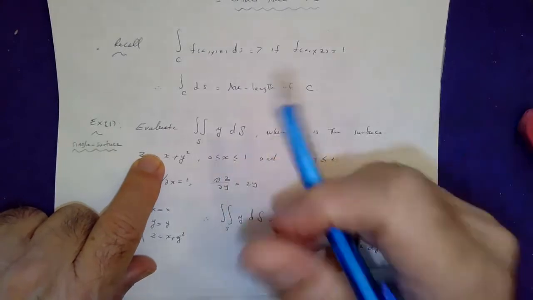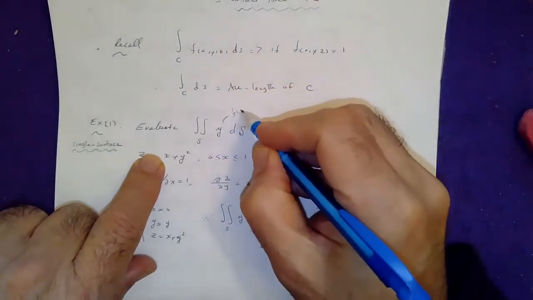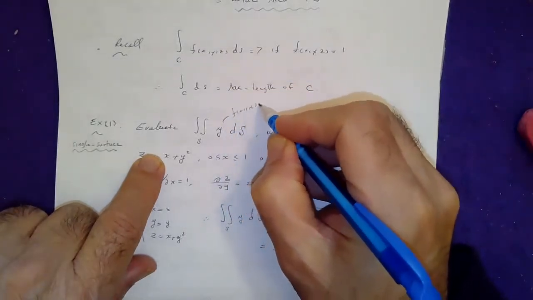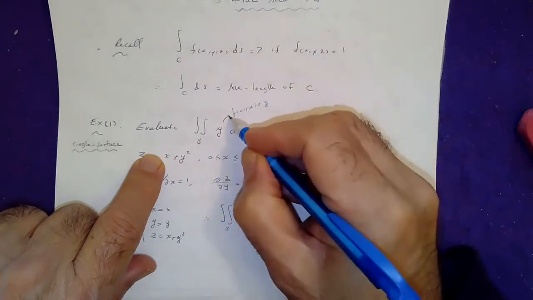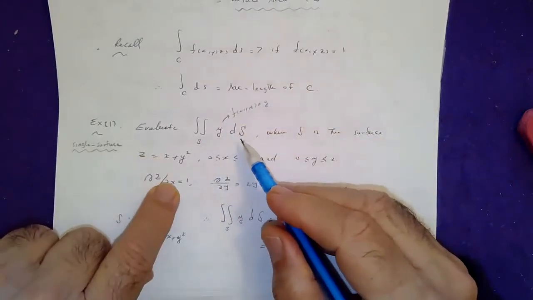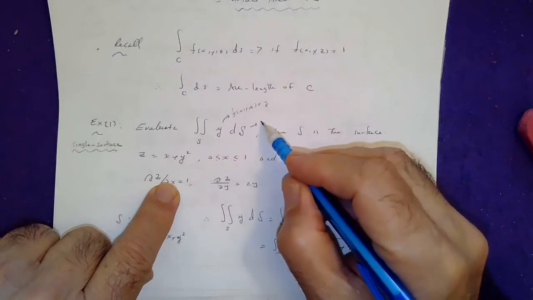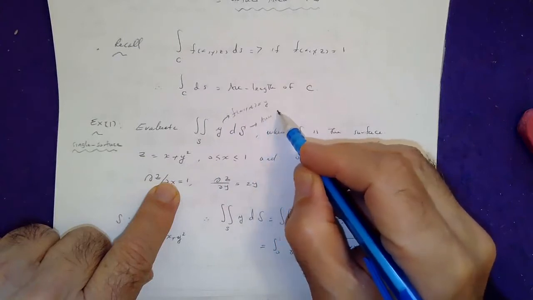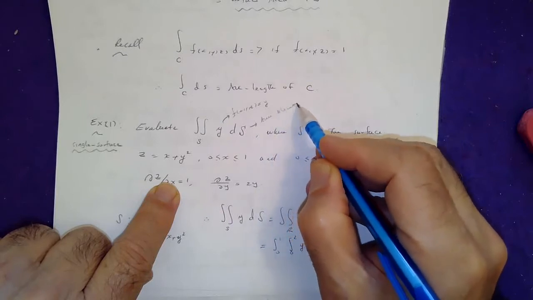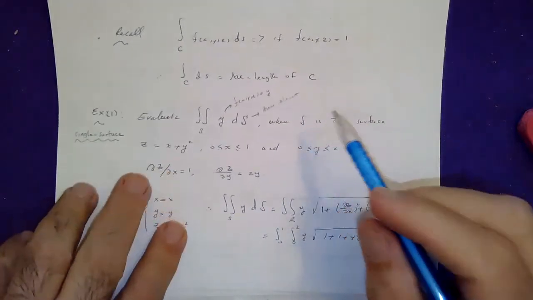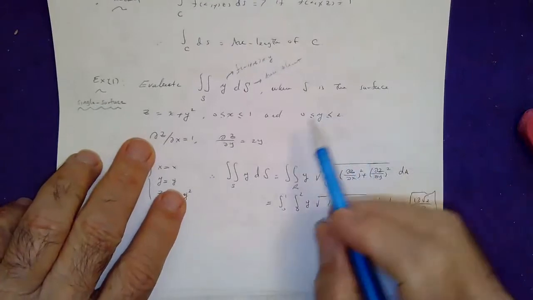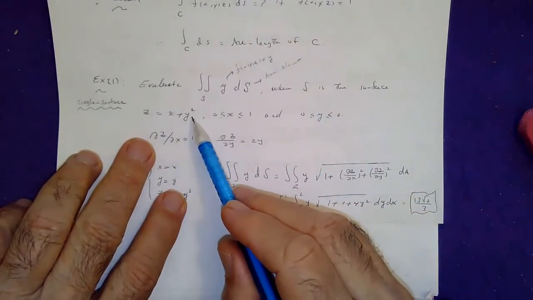So this is your function f(x,y,z), which happens to be y in this case. And dS is like the area element. And now S is the surface z equals x plus y squared.